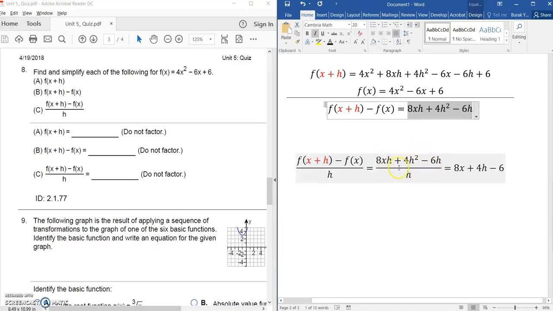This is going to eliminate this h, so you get 8x, and here this is going to eliminate one of the h's, so you have 4h instead of the squared, and minus 6h divided by h is just minus 6. So this is your answer with the 8x. So that's question number 8.